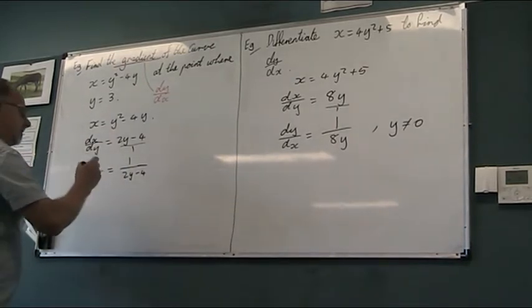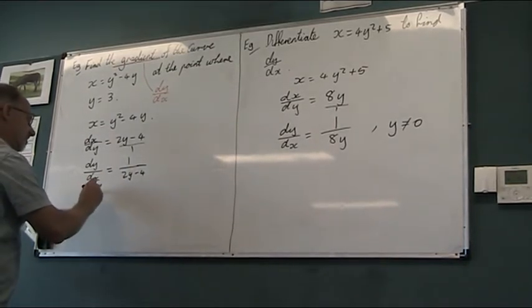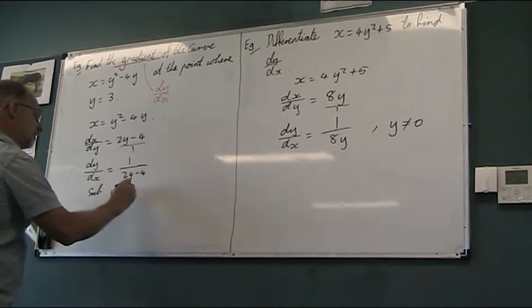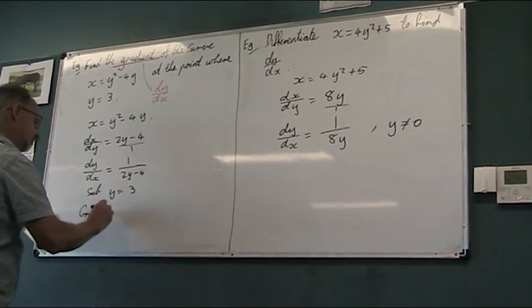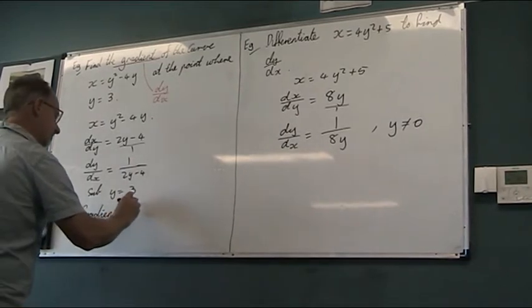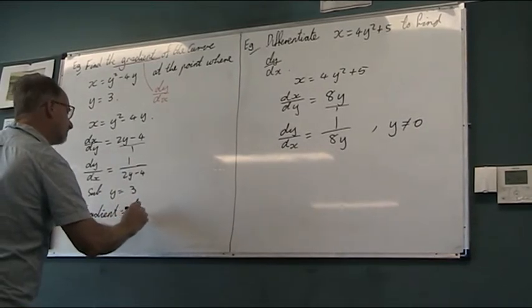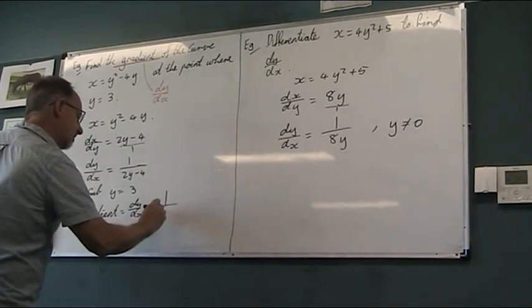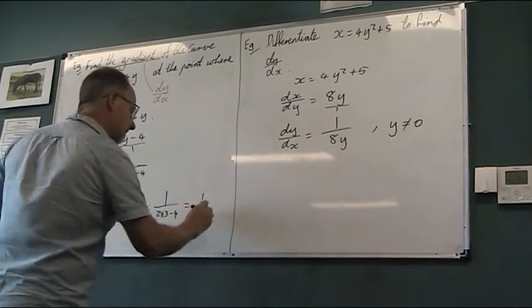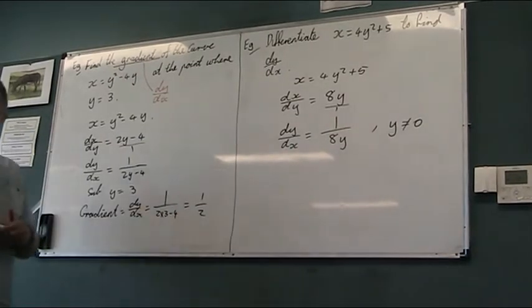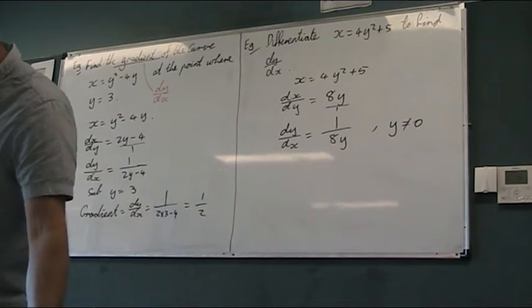So we now got to substitute y equals 3, and so the gradient, which is dy/dx, is 1 over 2 times 3 minus 4, half I believe. Yes? All right.